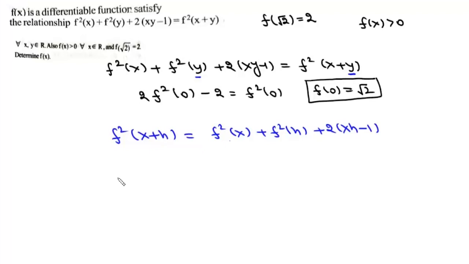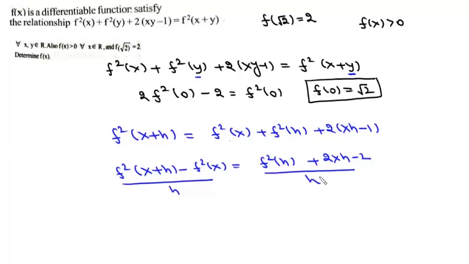Now we'll take this f square x on the left hand side. We can write f square (x+h) minus f square x will be equal to f square h plus 2xh minus 2. Now we'll divide everything by h. Now this is limit h tends to 0 on both sides.